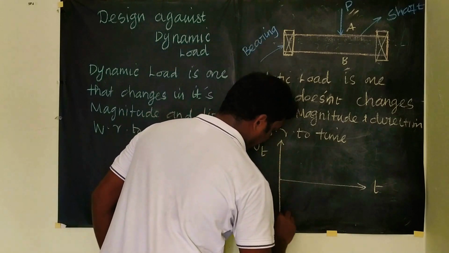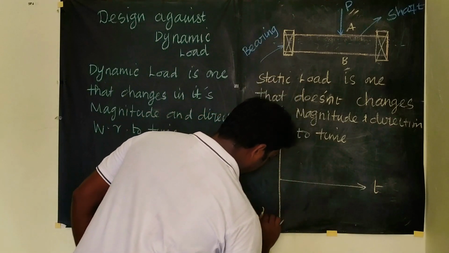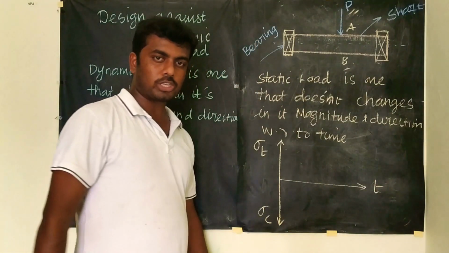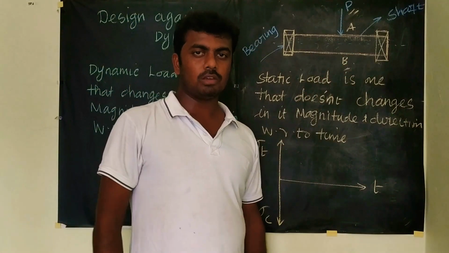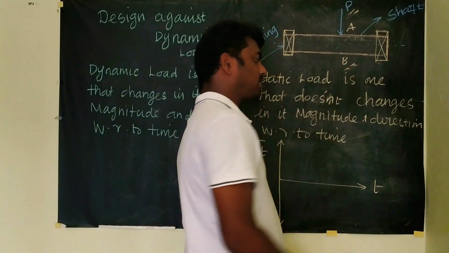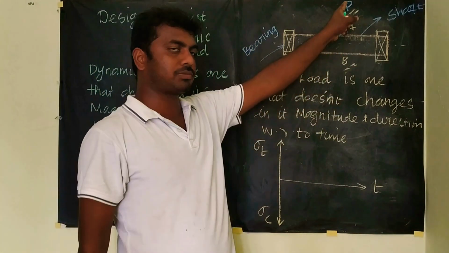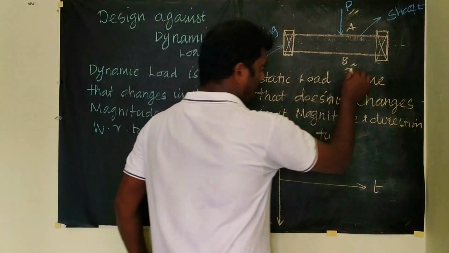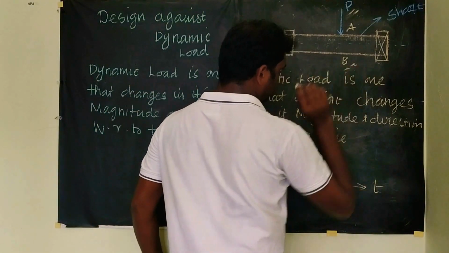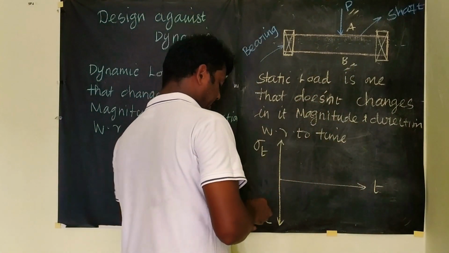In the negative y-axis, we take compressive stress. At point B, we have only tensile stress under the action of this transverse load. This magnitude does not change with respect to time.